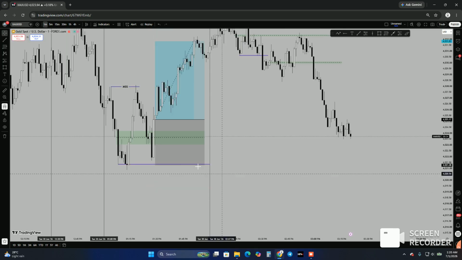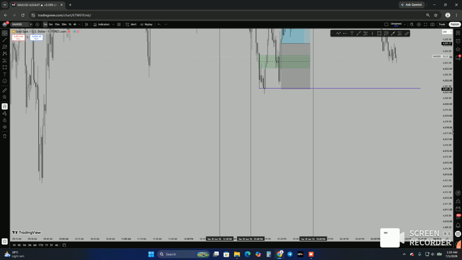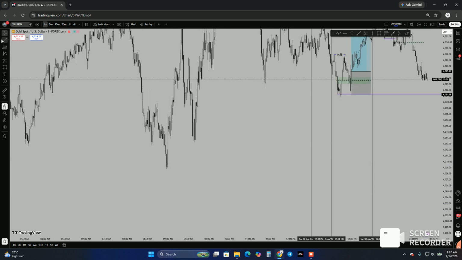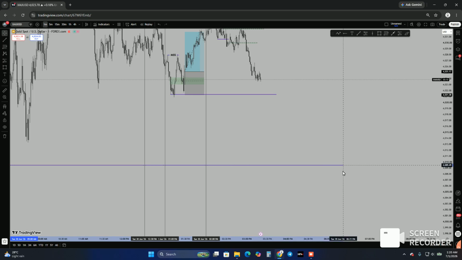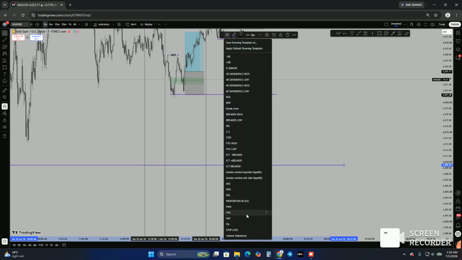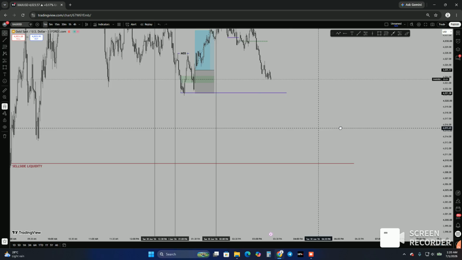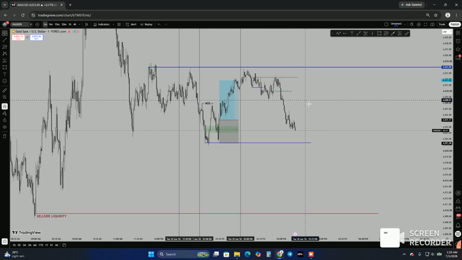Now what is he doing? You can see I told you this could be the sell side, and I have another sell side for this one. This one also right now is a sell side. Where is my entry?